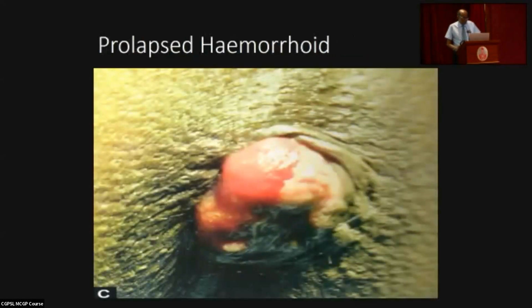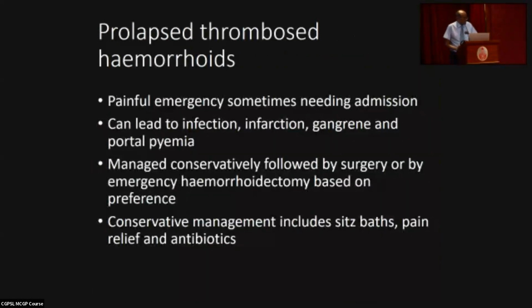So this is a picture of a prolapsed hemorrhoid, right? One that doesn't go in on its own. And these patients sometimes present as emergencies requiring admission. The problem with these prolapsed hemorrhoids is that it can lead to infection, infarction, gangrene, and even fatal pyaemia, which can be a life-threatening complication.